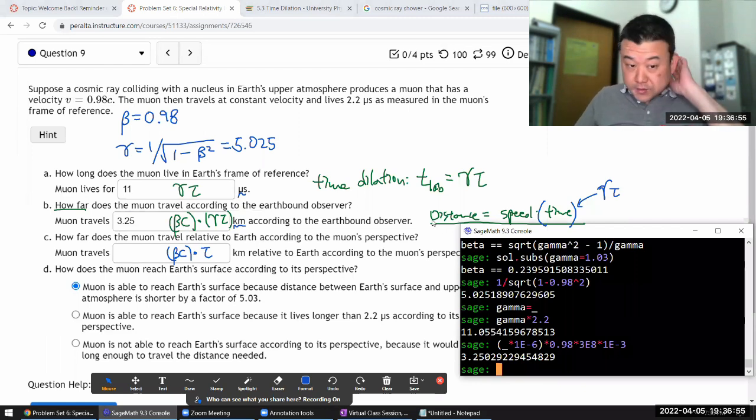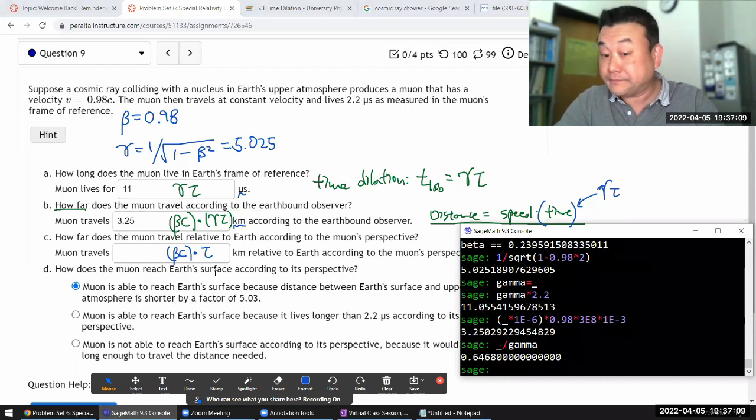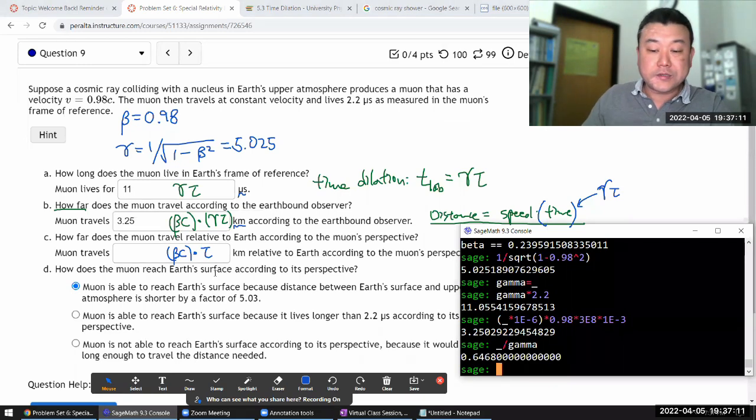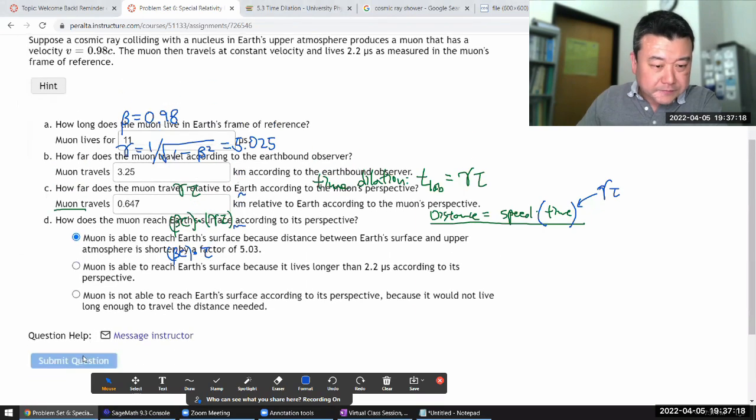That's comparing these two expressions. They're different by gamma, so I can take this last answer divided by gamma, which is 5. So 0.647 kilometers. That should be it.